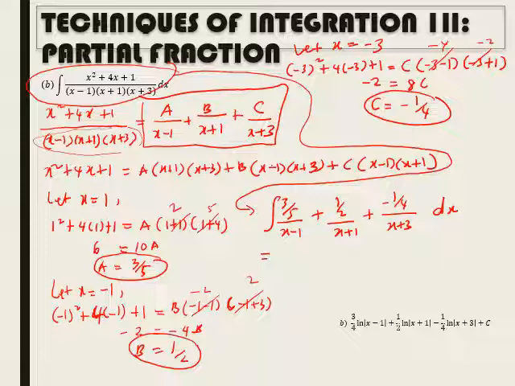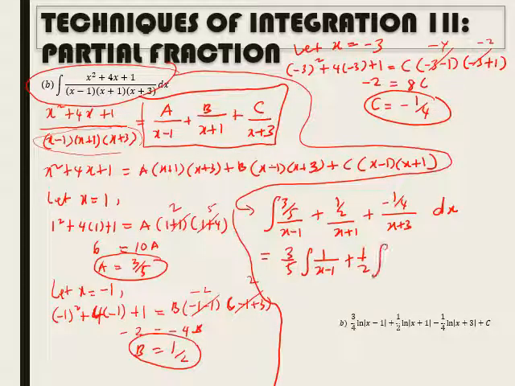Or we can rewrite it again: 3 over 5 integration of 1 over x minus 1, plus 1 over 2 integration of 1 over x plus 1, minus 1 over 4 integration of 1 over x plus 3 dx. All of these have dx, sorry. Okay, now we can integrate them.